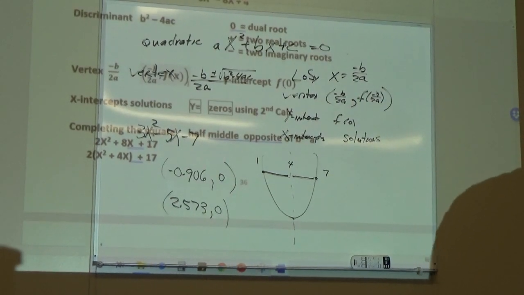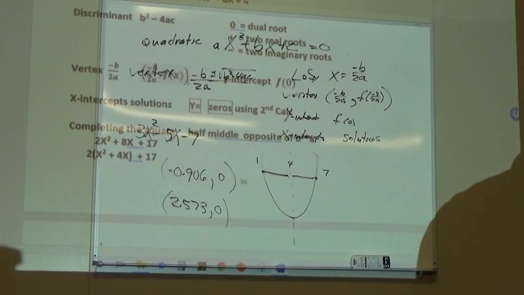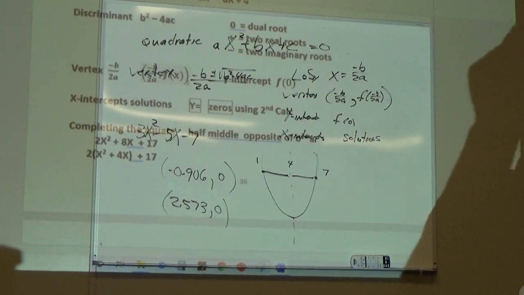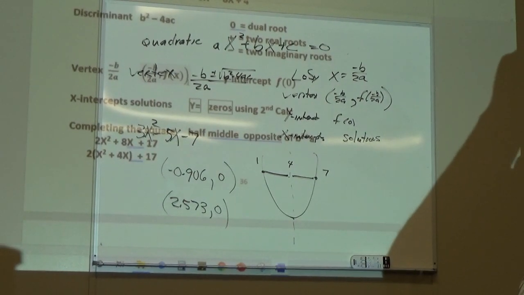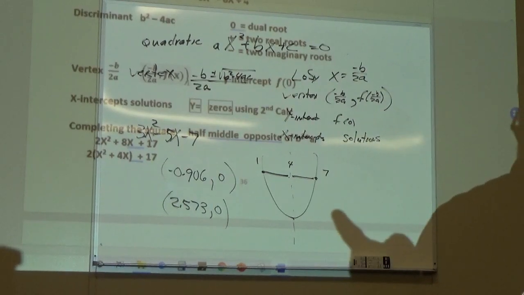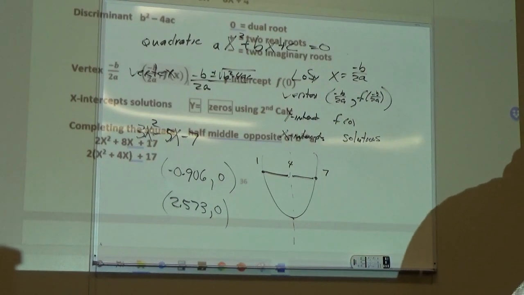The discriminant, which is b squared minus 4ac, if it equals 0, then that means you have negative b plus 0, negative b minus 0 over 2a. Well, that's the same point. So there's a dual root. If the discriminant is 0, then there is one dual root, because you hit the point coming up and you hit the point going down.